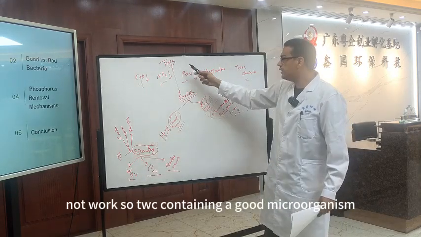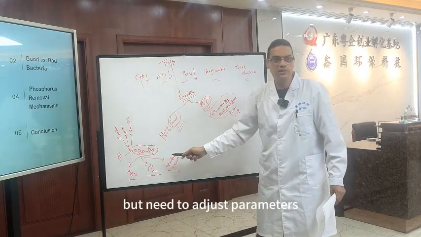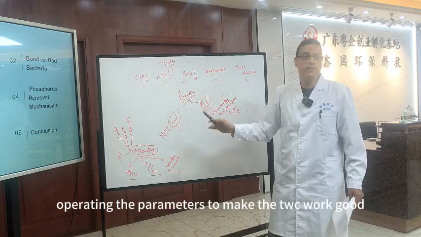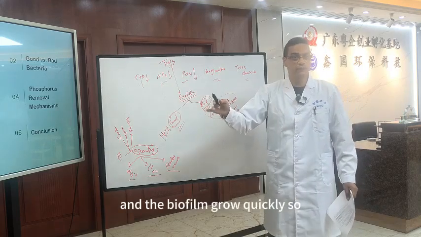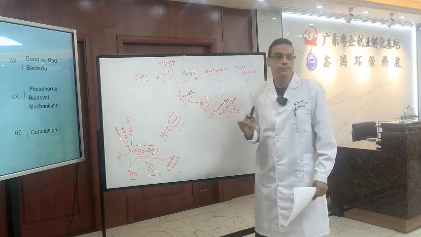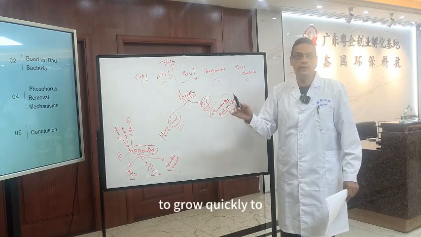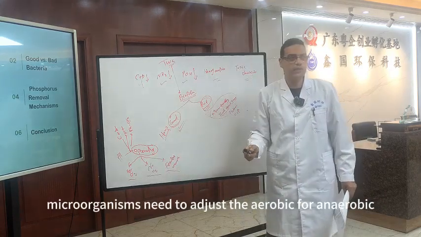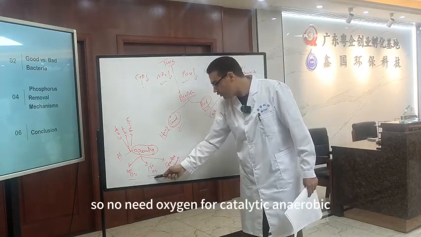So TWC contains good microorganisms, but we need to adjust the operating parameters to make the TWC work well and the biofilm grow quickly. So all the conditions for the microbes to grow quickly: we need to adjust the oxygen. For aerobic microorganisms, we need to adjust the aeration. For anaerobic, there is no need for oxygen.